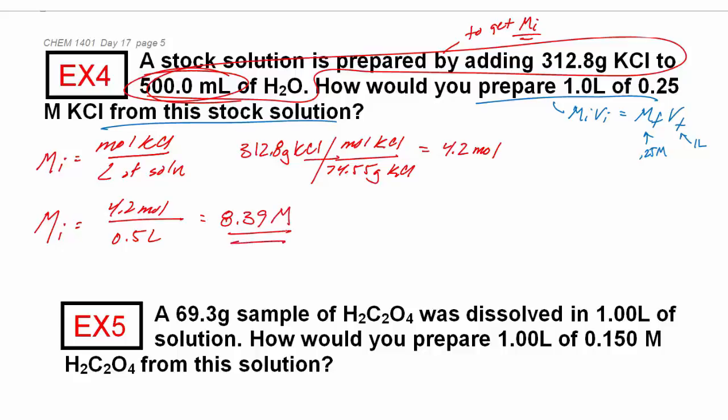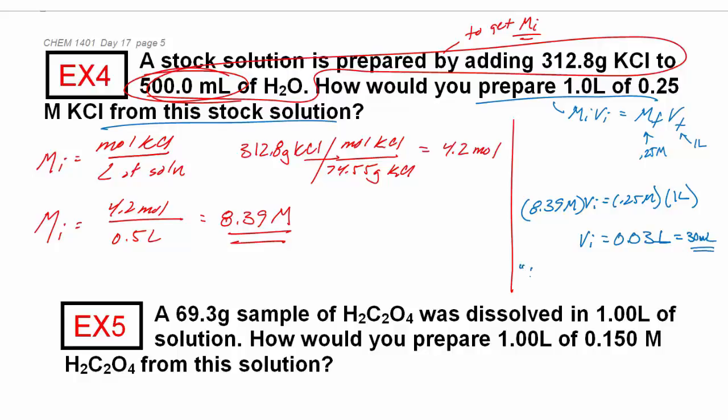There's my initial concentration. So 8.39 molar Vi equals Mf, 0.25 molar, times Vf, 1 liter. What will be Vi? 0.25 divided by 8.39, 0.03 about. Liters, I'm in liters, which is about 30 milliliters.